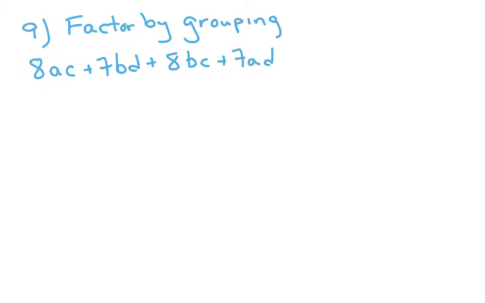Factor by grouping. My first instinct is to try to just group them as they are written, and I see that that doesn't work. So rearrange. What shall we do? Let's get the 8's together: 8AC plus 8BC.